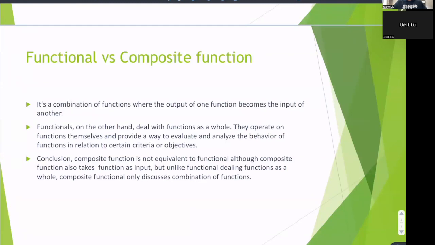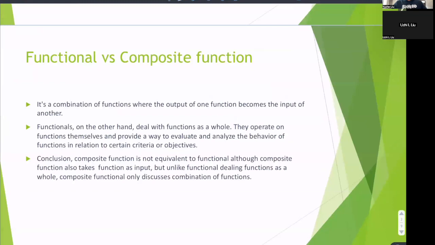The output of one function becomes the input of another function. Functional seems like it's doing the same thing, but a functional deals with the function as a whole. They operate on the functions themselves and provide a way to evaluate and analyze the behavior of functions in relation to a certain criterion or objective. In conclusion, composite functions are not functionals.